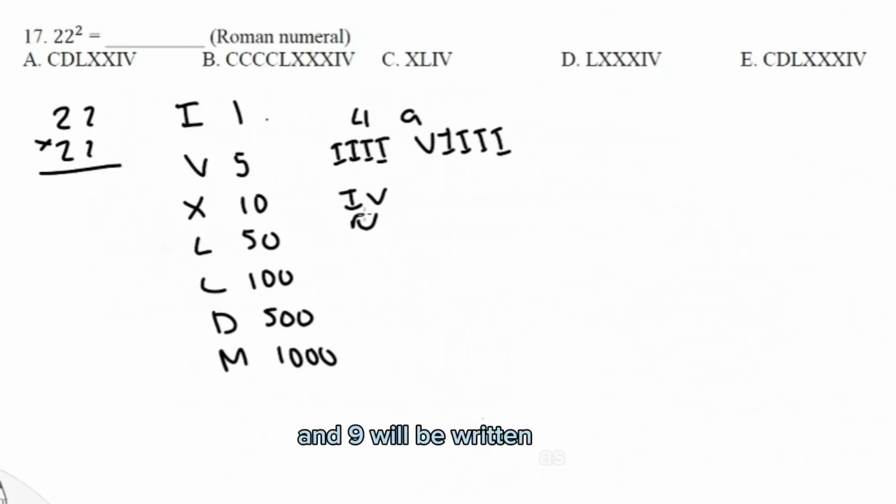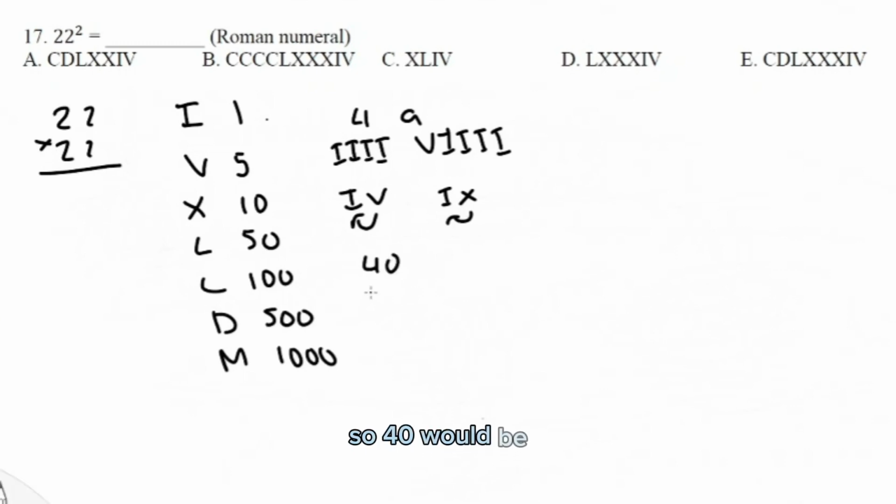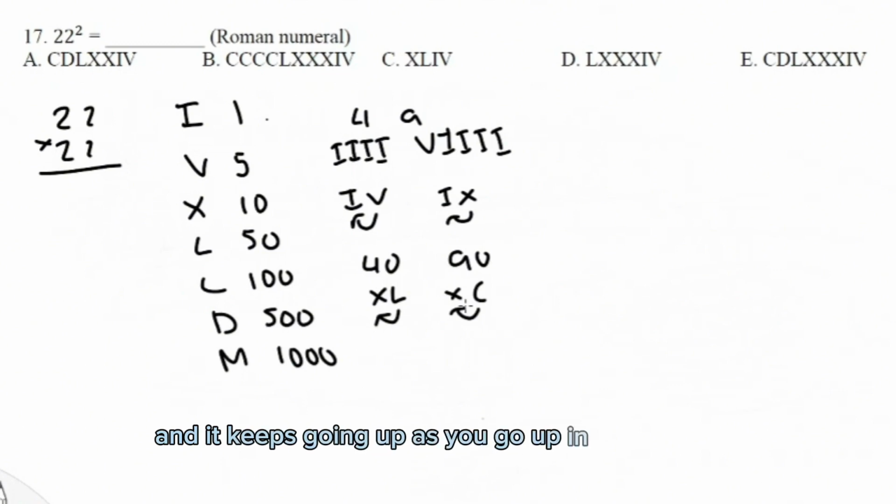And 9 will be written as IX because it's 1 before 10. And this repeats the exact same pattern as you go up in the scales of 4s and 9s. So 40 would be XL because it's 10 before 50. And 90 would be XC because it's 10 before 100. And it keeps going up as you go up in the numbers.